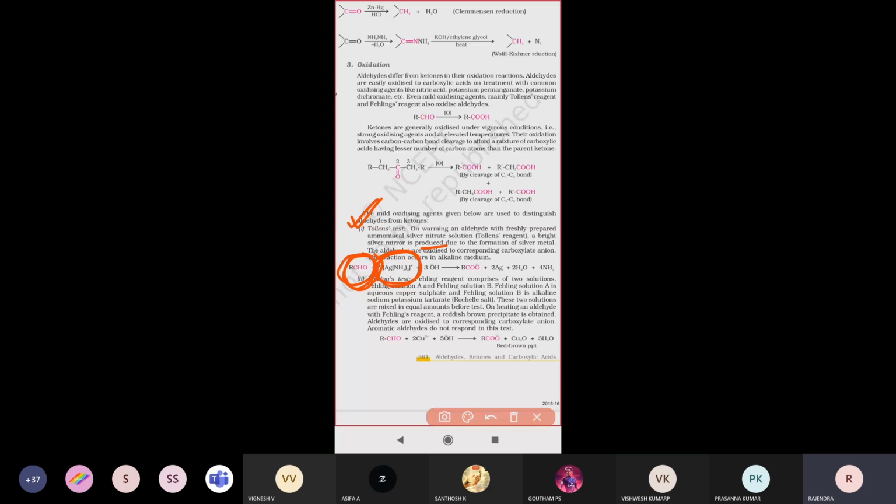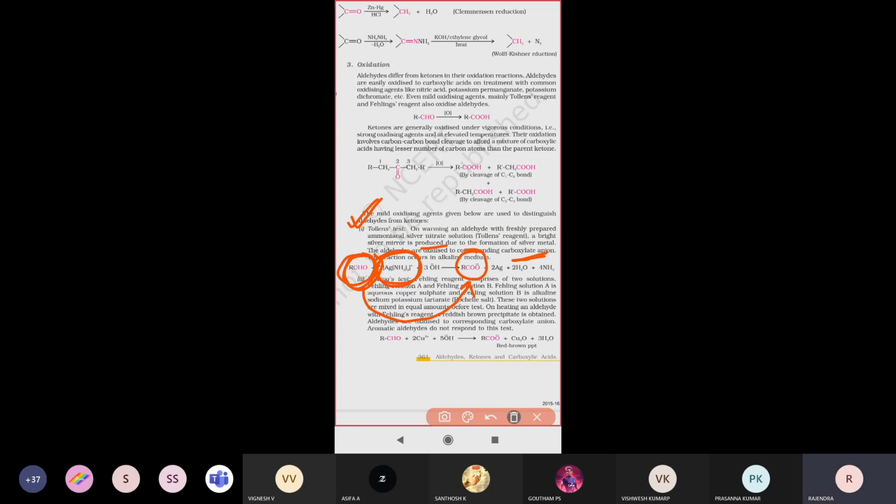So this test is useful for identification of aldehyde. The aldehyde is converted into carboxylate ion, and the silver mirror forming represents that an aldehyde is present in the given organic compound. Like that, we are identifying it.